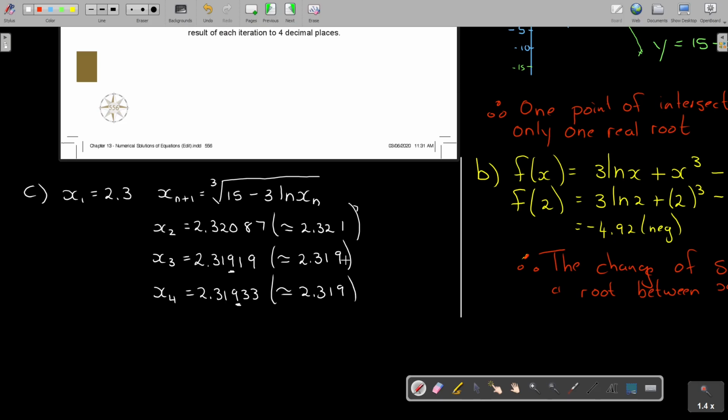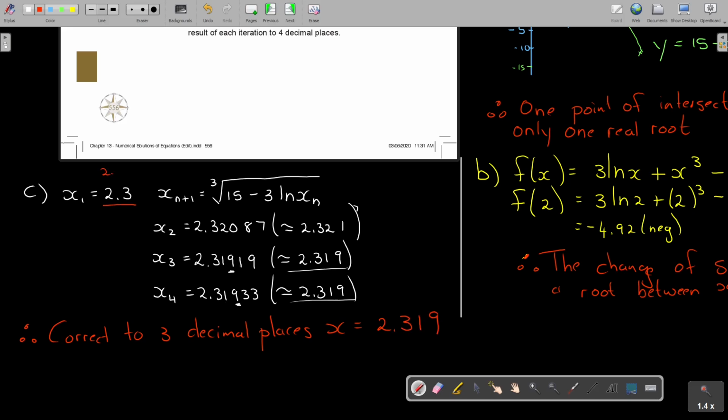There I see it start repeating. So therefore I can just say, correct to 3 decimal places, x is equal to 2.319.